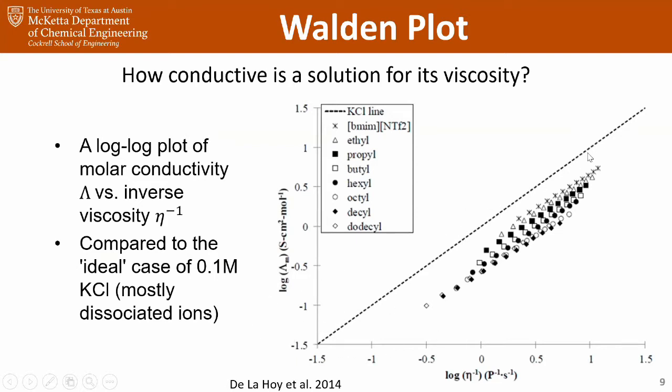Of course, it's been pointed out that that ideal line is not really ideal; even 0.1 molar potassium chloride is not completely dissociated, but it is mostly dissociated. And so then you can plot the ionic liquids, how conductive they are for a given viscosity, and see how far below or above that ideal line they are.